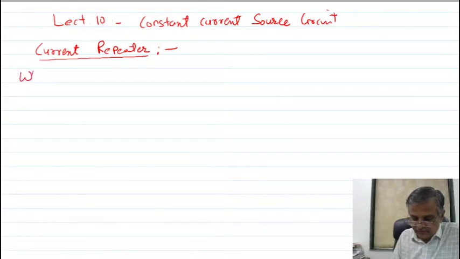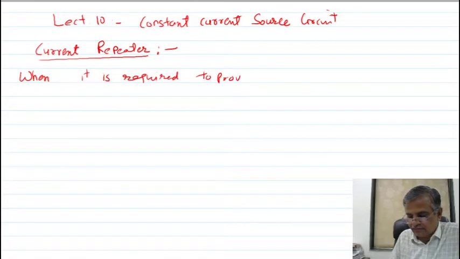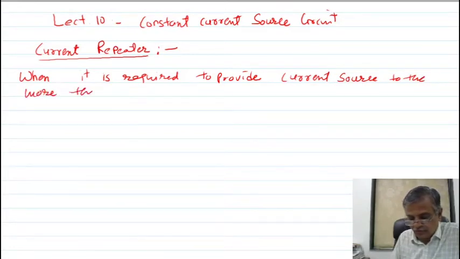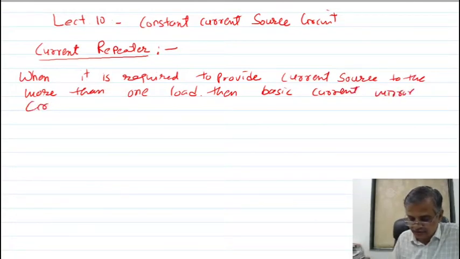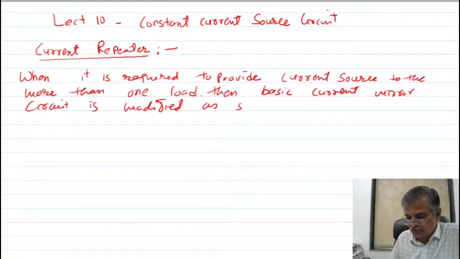When it is required to supply or to provide current source to more than one load, then the basic current mirror circuit is modified as shown in figure.